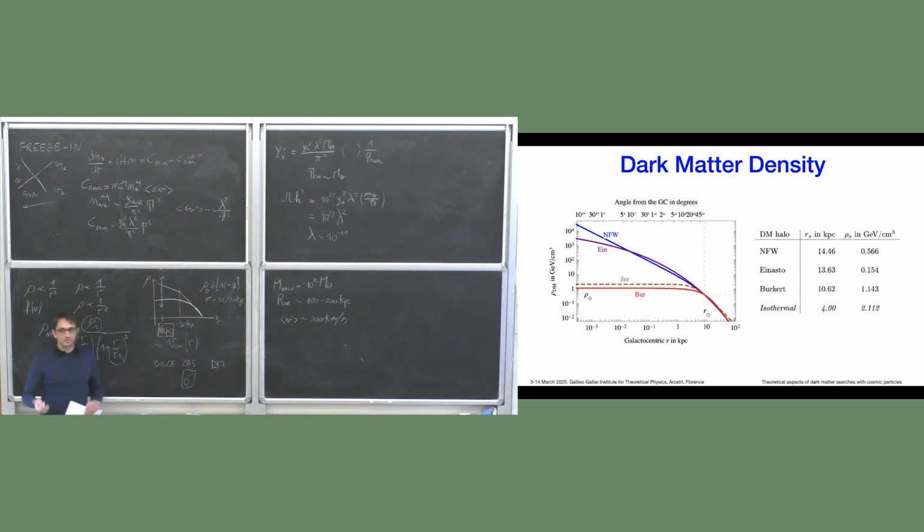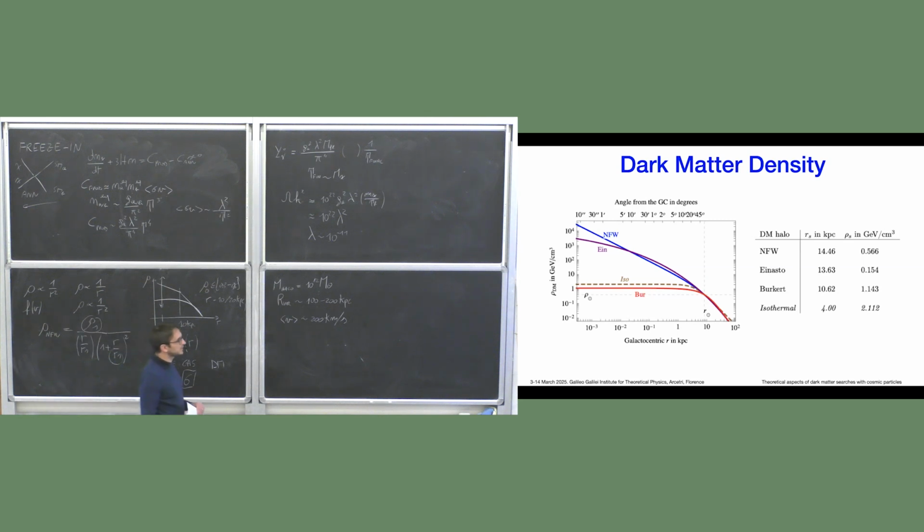So there are no precise rotational data inside 1 kiloparsec, and so it's impossible to constrain precisely the inner part of the density profile. Here you see the plot of the different profiles. Navarro-Frenk-White and Einasto are called cuspy profiles, and instead you have the cored profiles, isothermal and Burkert.